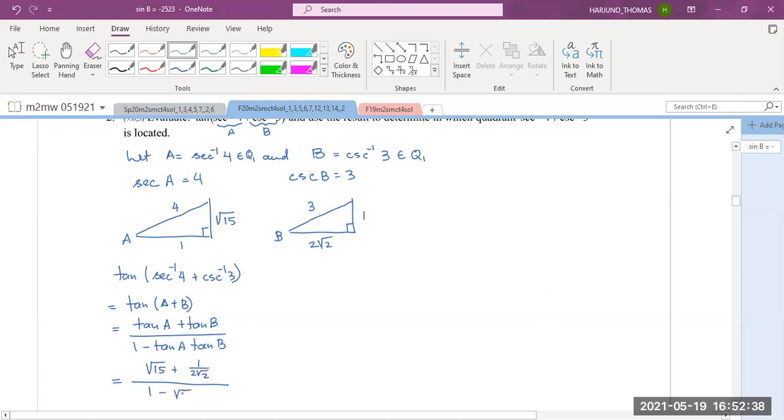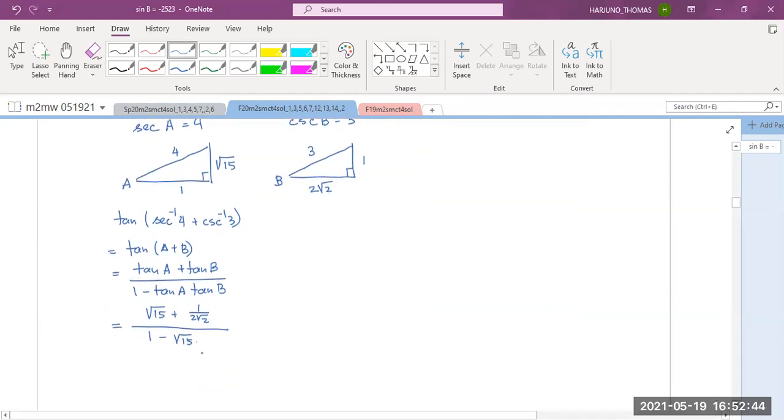So 1 minus square root of 15 times 1 over 2 square root of 2. Multiply the top and the bottom by the LCD, which is 2 square root of 2. Then on the top we get 2 square root of 30 minus 1, and the bottom is 2 square root of 2 minus square root of 15.